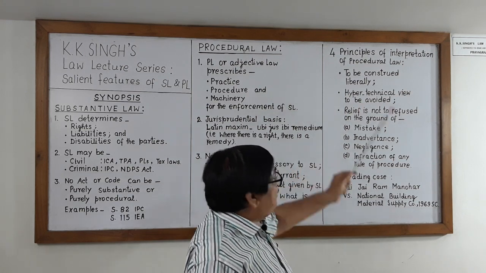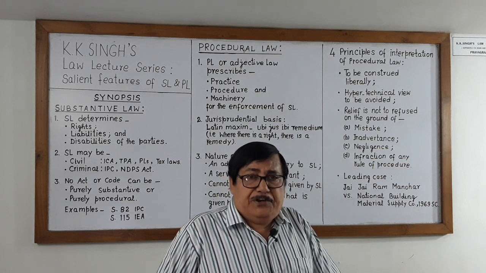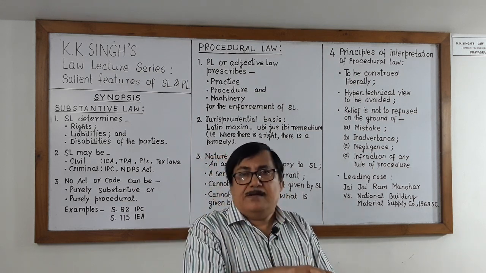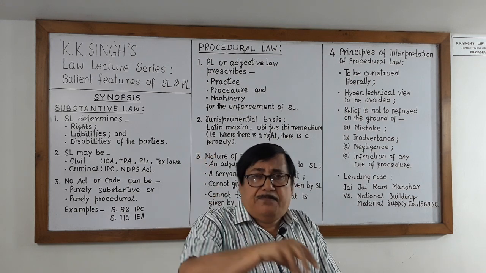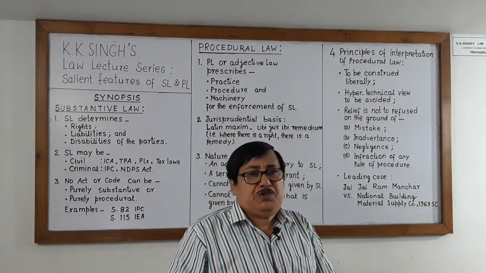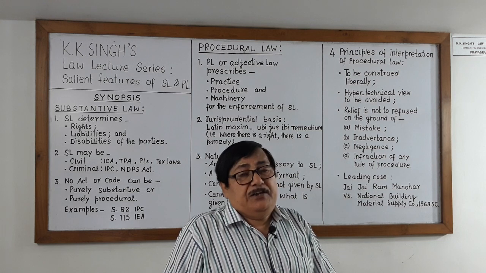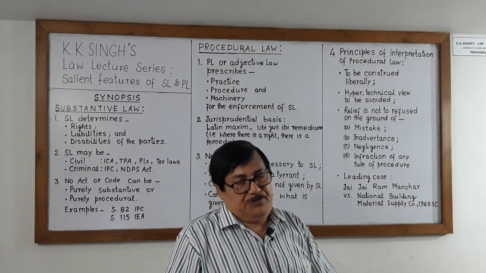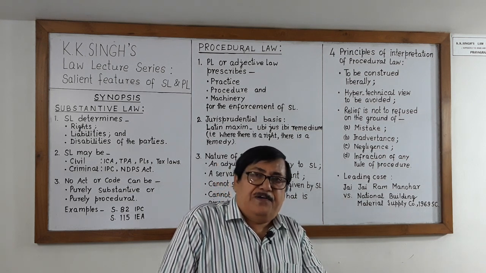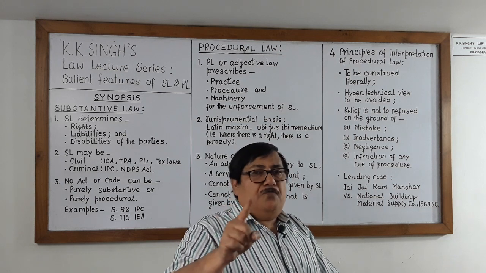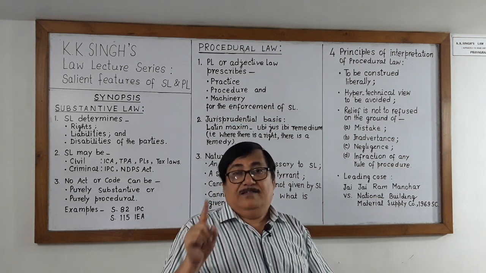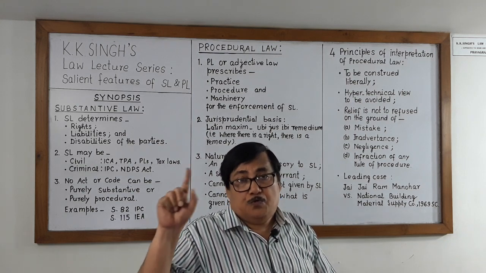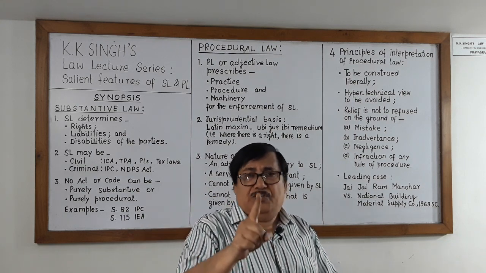A hyper-technical view is to be avoided. One has to be flexible and liberal. A hyper-technical view is not to be taken in the interpretation of a rule of procedure. First, a rule of procedure is to be interpreted liberally. Second, a hyper-technical, over-technical view is to be avoided.